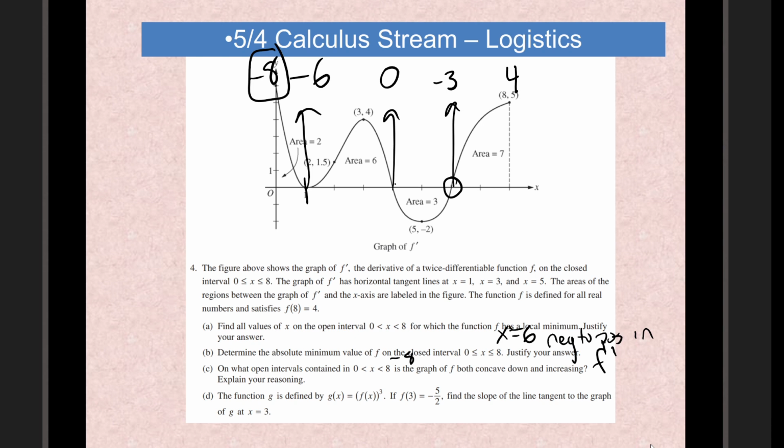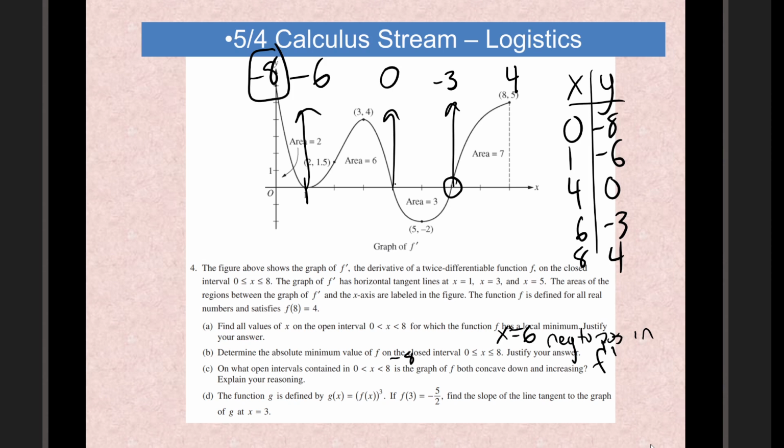This is like the table that you'll often see in AP solutions if you've been trying questions on your own: (0, -8), (1, -6), (4, 0), (6, -3), and (8, 4). From this, these are all of our critical points, 1, 4, and 6, where we hit 0. So the absolute minimum is the smallest value.